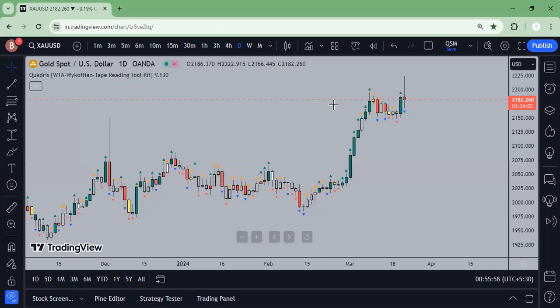Again, we have a shift in change, then price coming back to this particular level. This is a stopping volume kind of thing. And after that, you can see weak demand, weak demand.